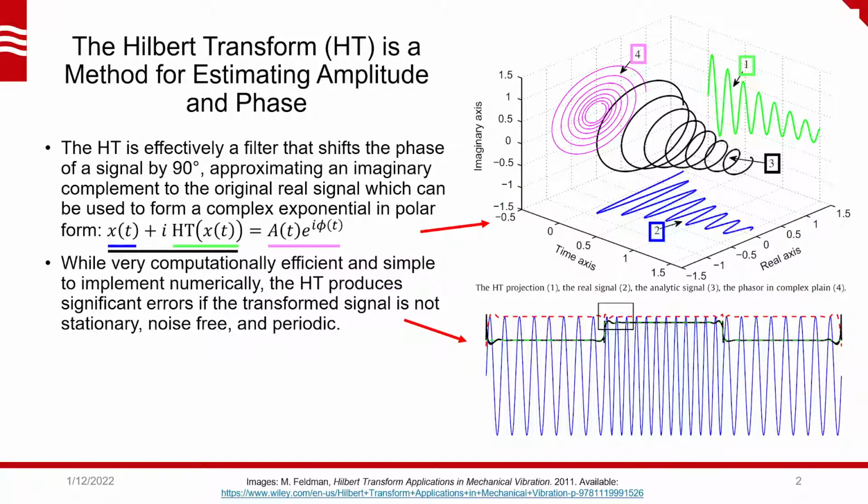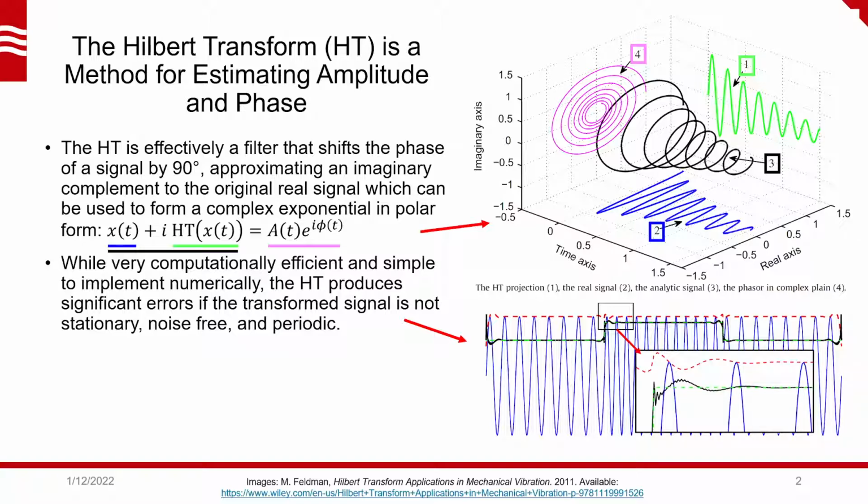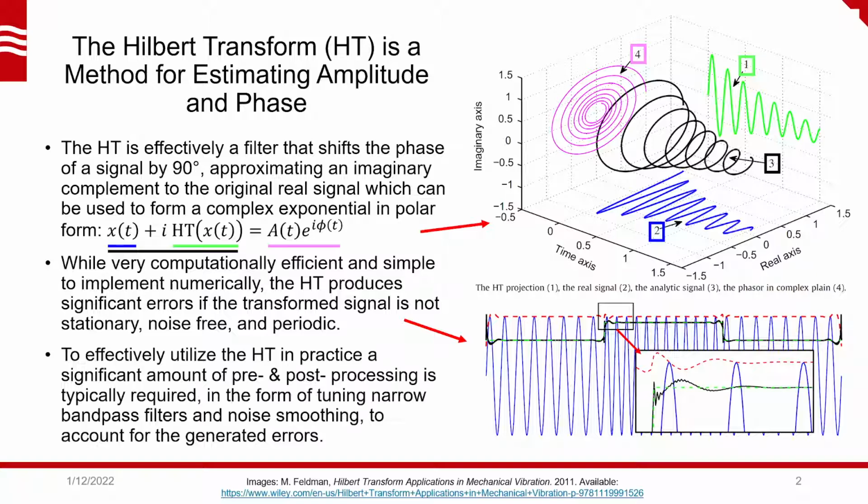This is shown in the bottom figure, where a constant amplitude sine wave has step changes in its frequency. The raw signal is in blue, the true frequency is green, and, as estimated by the Hilbert transform, are the amplitude in red and frequency in black. About the step change, the Hilbert transform generates ripples or ringing artifacts that propagate out from the abrupt change and contaminate the amplitude and frequency estimations.